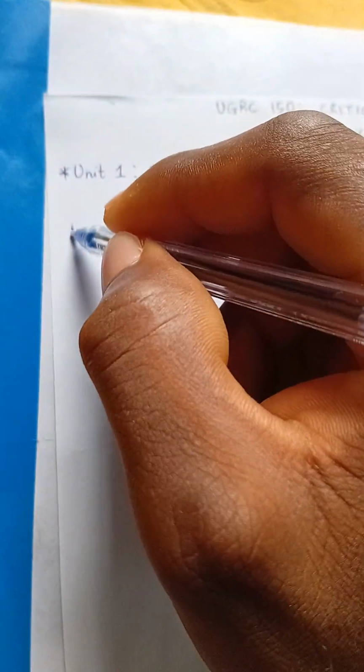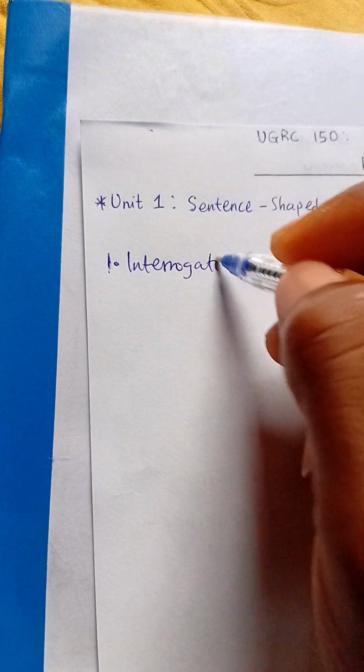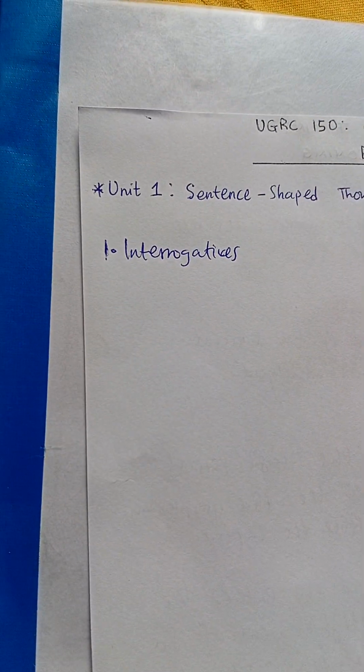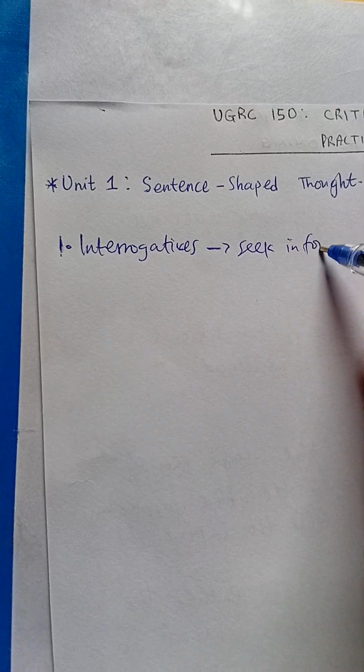The first one we are looking at is interrogatives. Interrogatives are sentences that seek information. So we can say they are what? Questions, right?